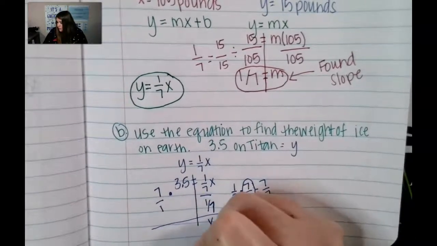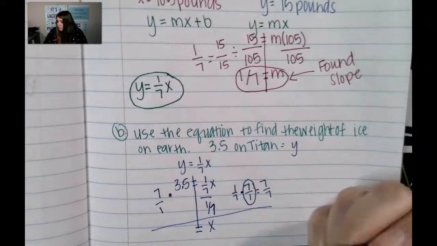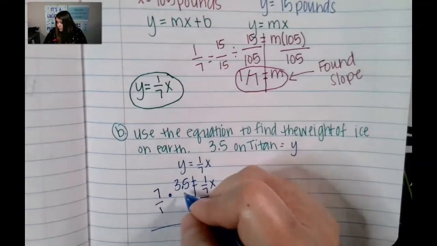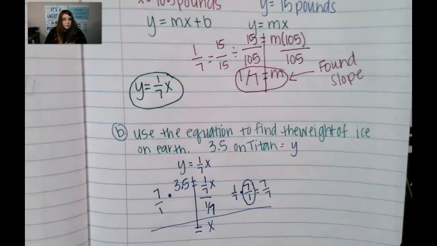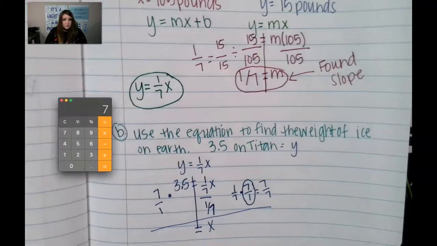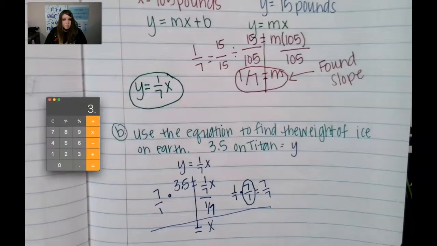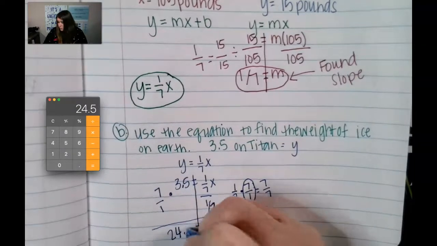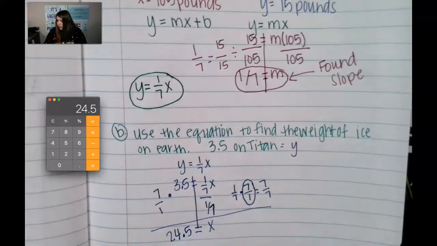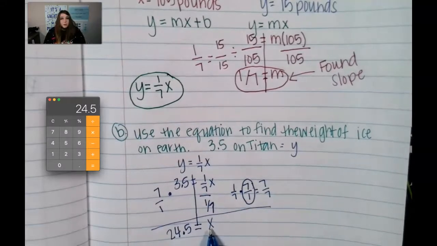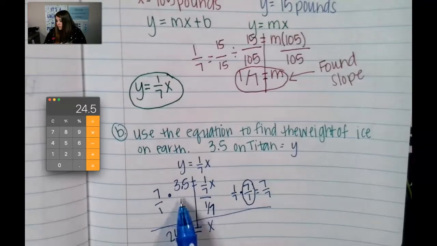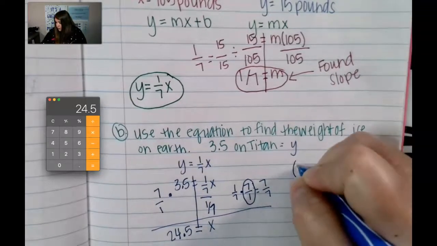So this tells me then that x is equal to 3.5 times 7. So let's pull up the calculator again, and we are going to do 3.5 times 7. So 3.5 times 7 gives me 24.5 pounds on Earth.